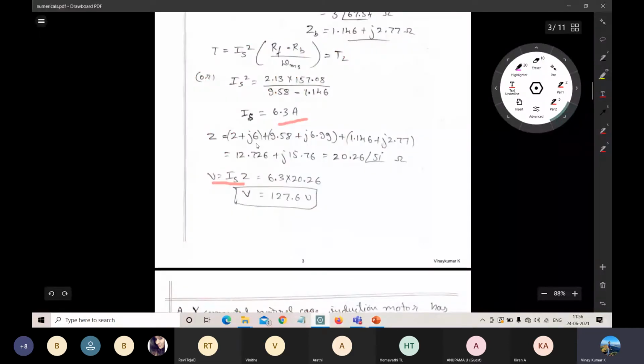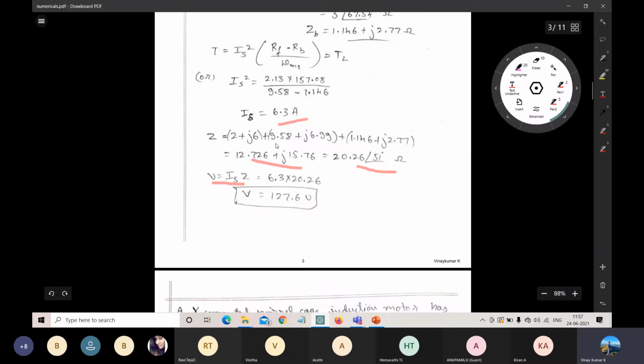RS plus JXS. ZB, RB plus JXB. And ZF, RF plus JXF. Okay. So this is our Z value 20.26 or else 12.726 plus J 15.76.